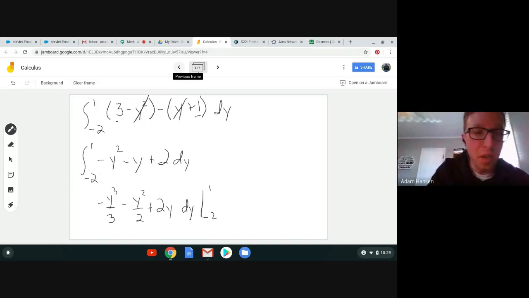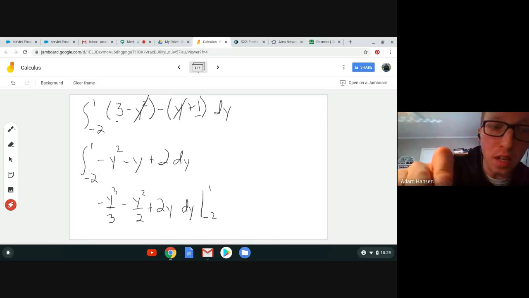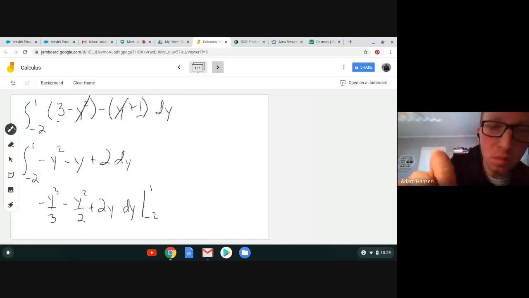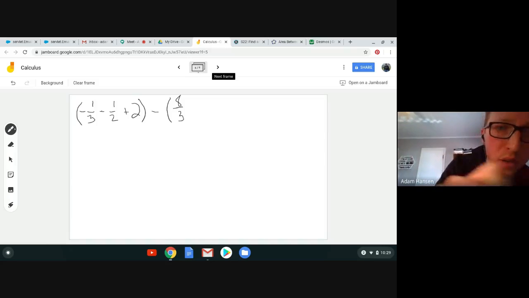Okay, be careful plugging in a -2. We're going to have some powers of negatives to deal with. When I plug in -2 into y cubed, that makes a -8, but this extra negative out here makes a positive 8. So that should be plus 8/3. So minus the 8/3.